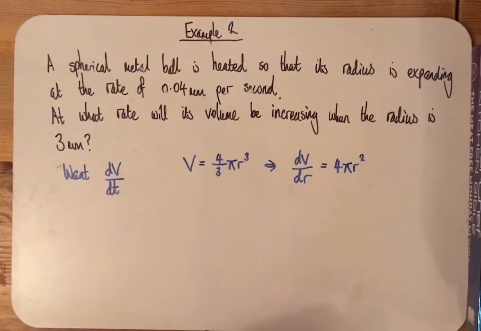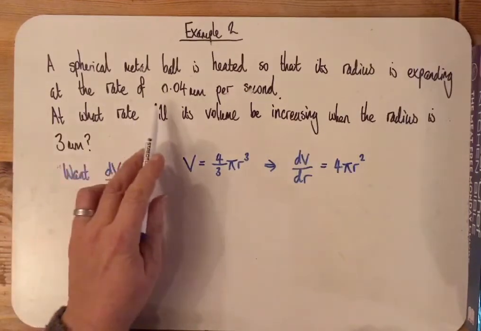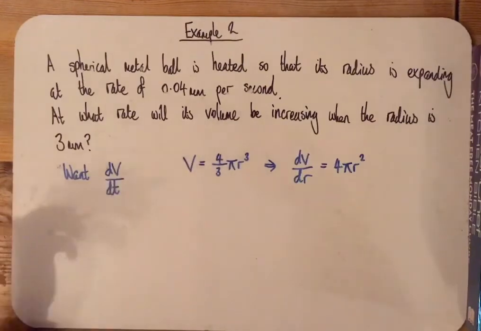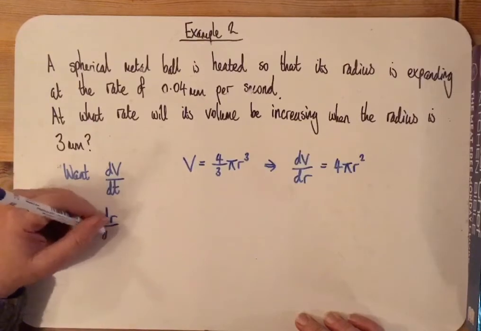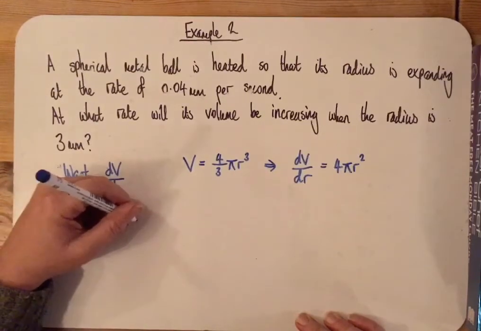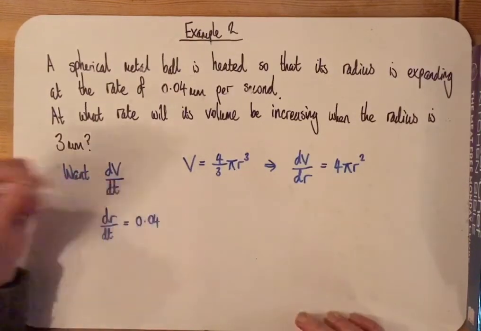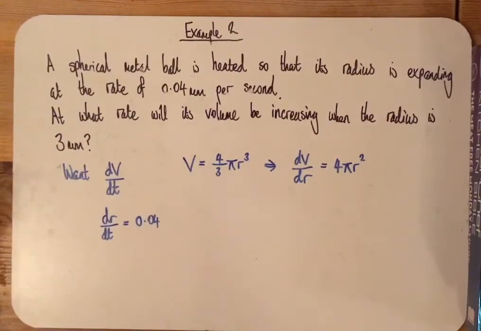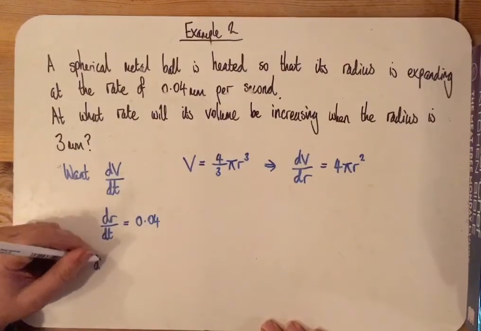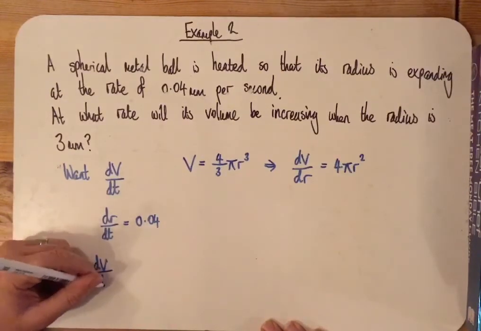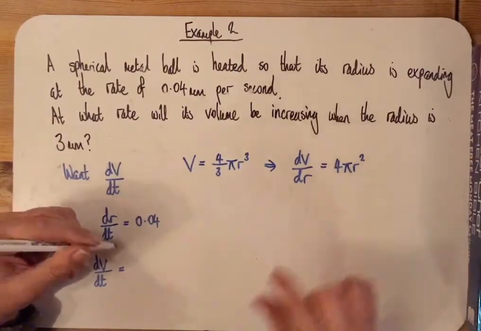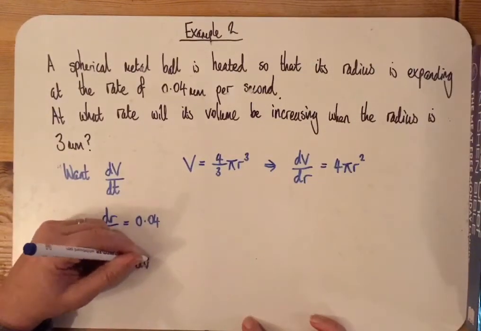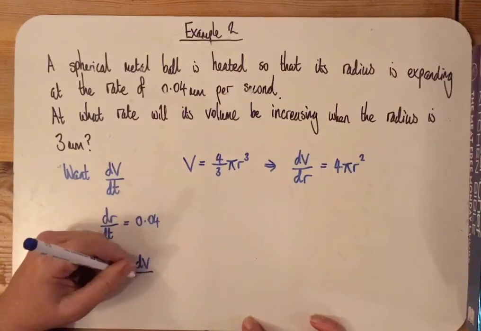And its radius is expanding at a rate of 0.04 millimeters per second. So we know that dr/dt is equal to 0.04. And it's just a question of slotting all this together. So dv/dt is equal to dv/dr times dr/dt. Sometimes you have to flip these to get the v on top, but this one's a bit more straightforward.